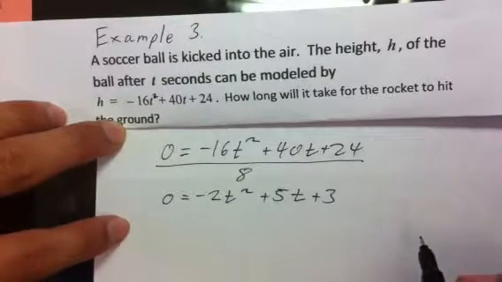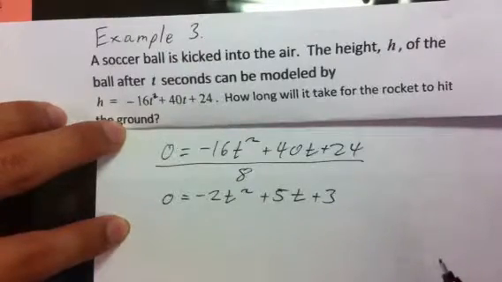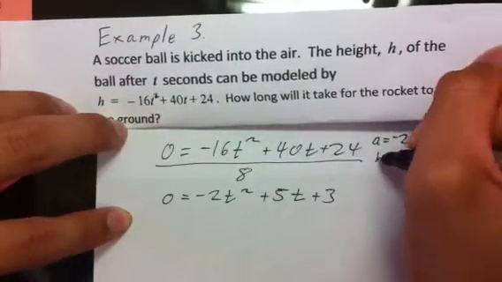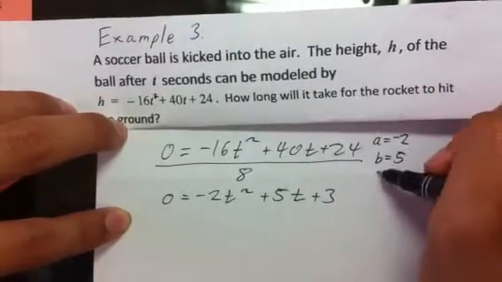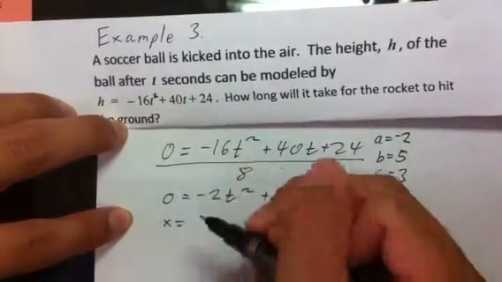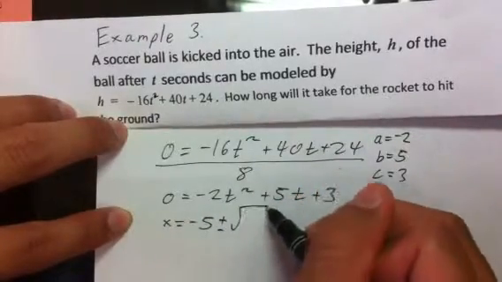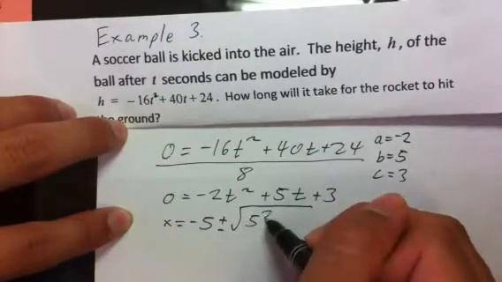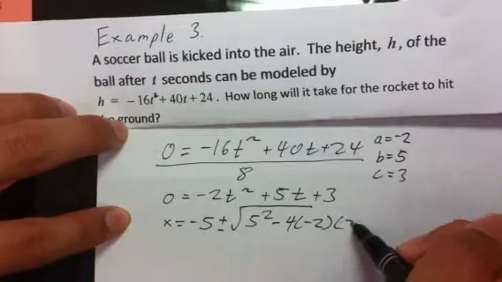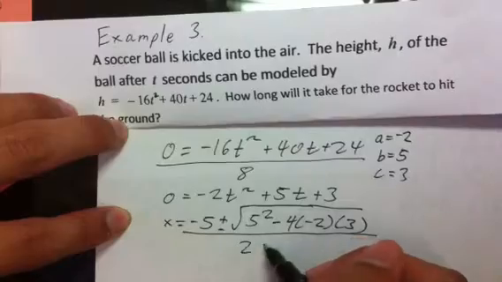Now we write what each variable is. Over here on the side, I write a is equal to negative 2, b is equal to 5, and c is equal to 3. Plug it in now. x equals negative b, negative 5, plus or minus the square root of b squared, 5 squared, minus 4ac, minus 4 times negative 2 times 3, all divided by 2a, so it's 2 times negative 2.